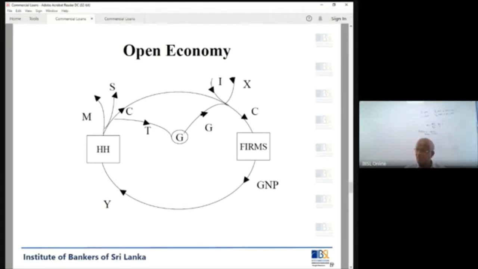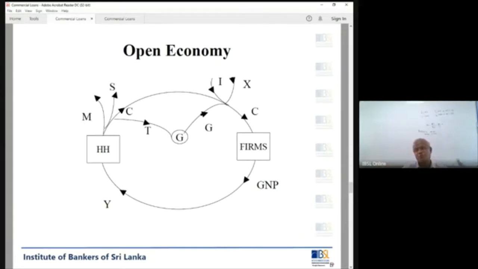But these exported goods have a rupee value, and we spend something on imports also, no? So you deduct that, you net out: X minus M, net exports. So the determination of GDP is what? C, I, G, X minus M, net exports.